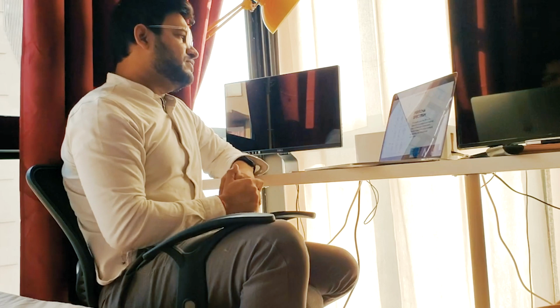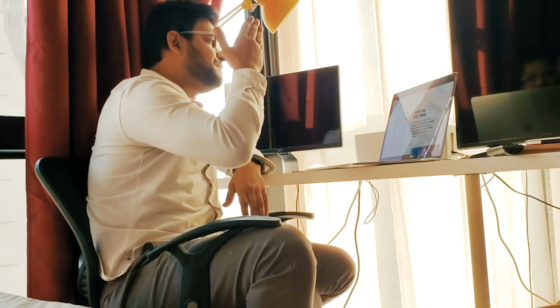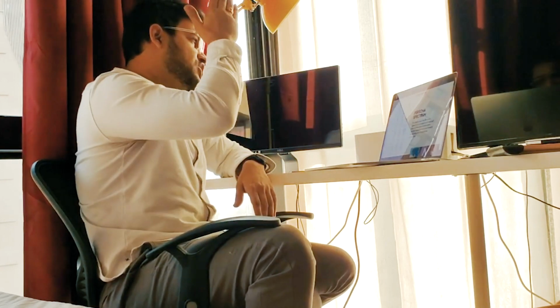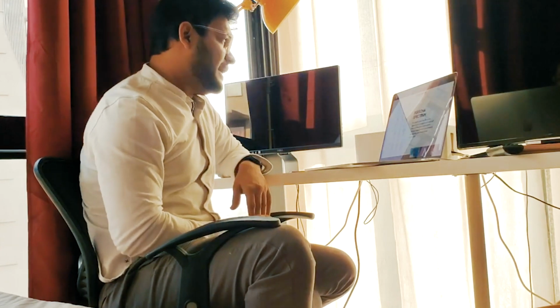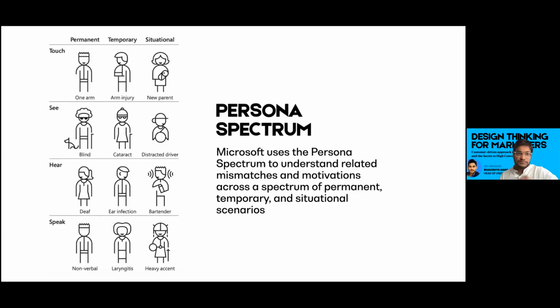So what Microsoft does to ensure this is it plots the touch, see, hear, and speak sensitivities into permanent, temporary, and situational categories. For example, let's say the sense of seeing. Someone who is blind, who cannot see at all, has a permanent disability. Someone who has a cataract could get an operation.